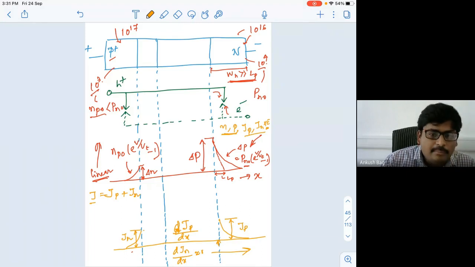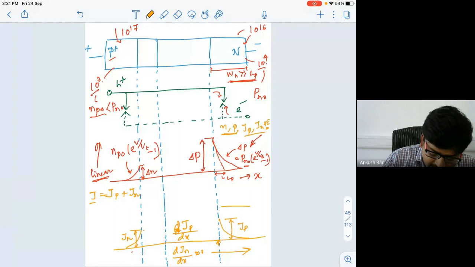This comes from the actual behavior, because this depletion region is of the order of a few microns, and within this few microns we can ignore recombination. So there is no recombination happening.